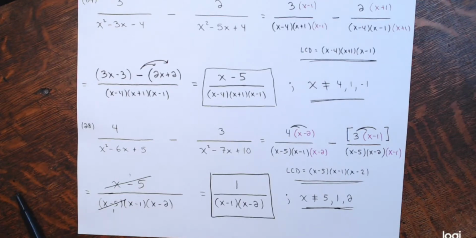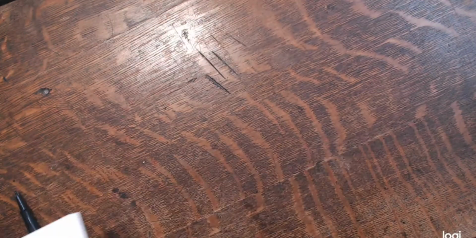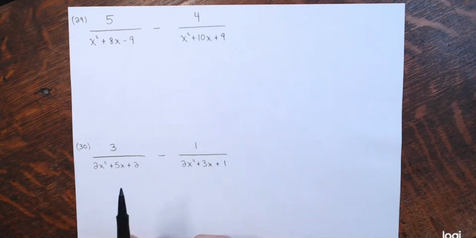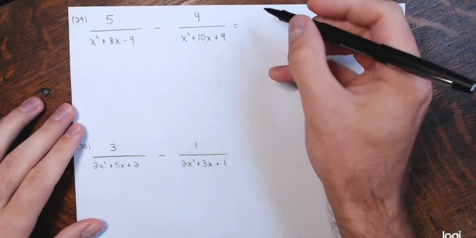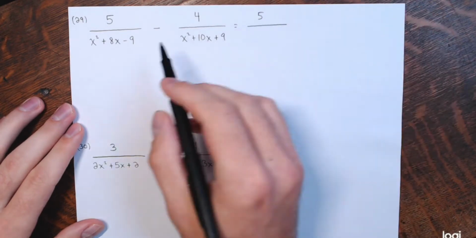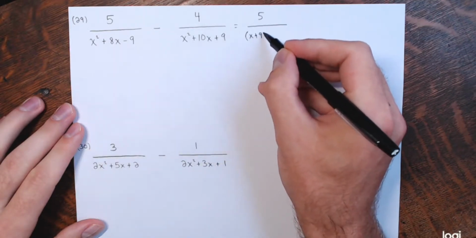Wonderful. All right. Next two examples, very similar to these two. Examples 29 and 30. Well, example 29, again, starting off the same way. First fraction, 5 over. This denominator would factor to x plus 9 times x minus 1.